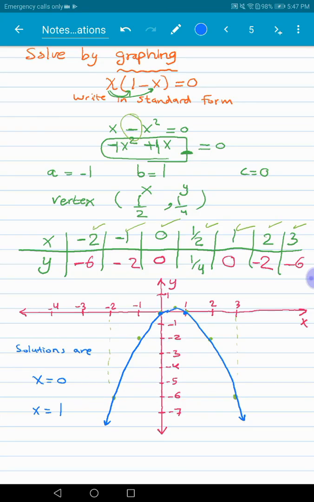Actually we can, by looking at the y coordinate. Where does it equal 0? This is the first y, 0. This is the second y, 0. So what is the corresponding x? 0. The corresponding x here is 1. So 0 and 1. But the question is by graphing. The question wants you to graph.